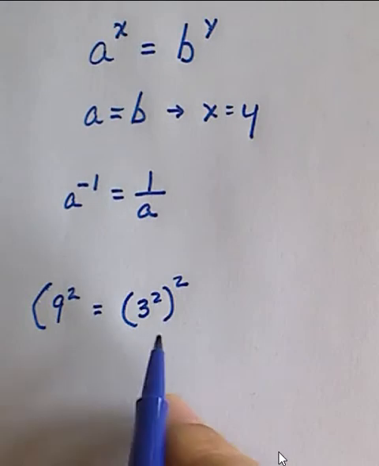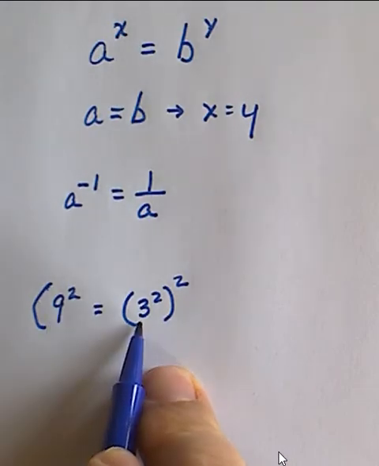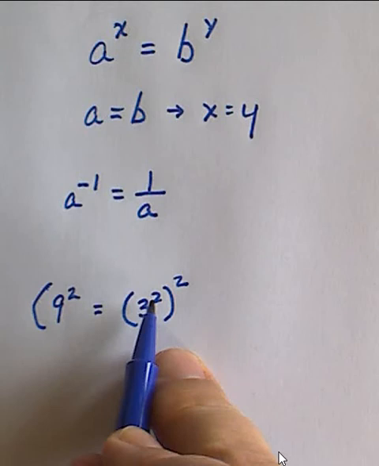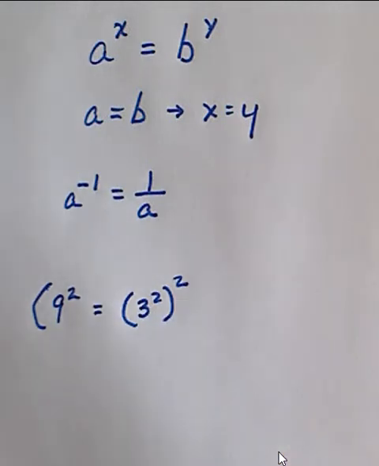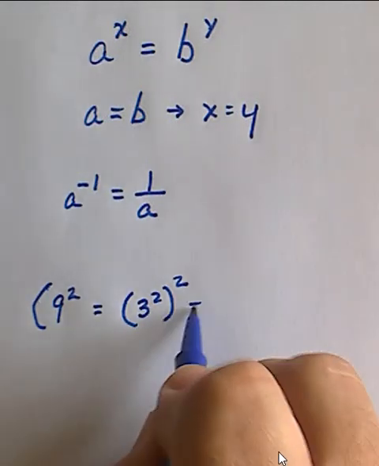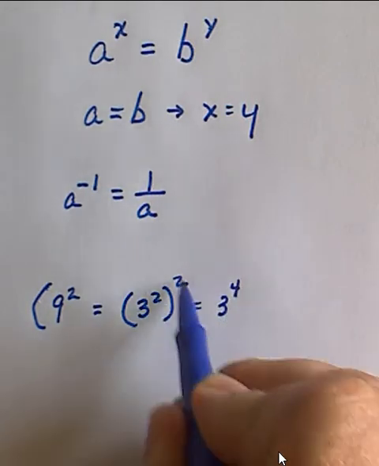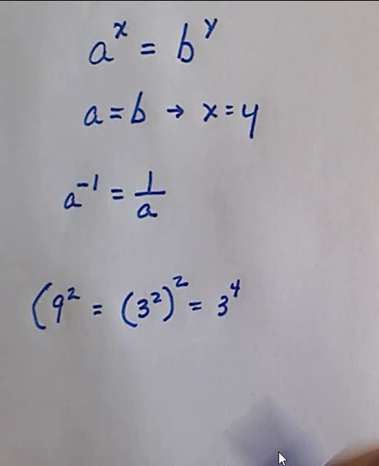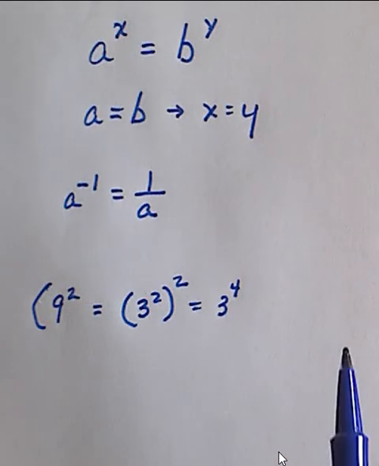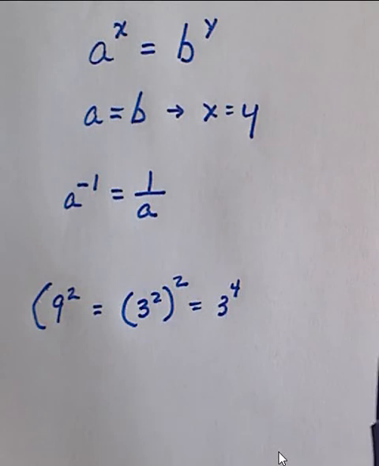The 9 breaks down to a smaller base of 3, so 3 squared, there's our 9 again, and then 9 squared is the same thing as 3 to the 4th power, because we can multiply the exponents together to get that result. So these are some ways of forcing situations where the bases stay the same so we can set exponents equal.